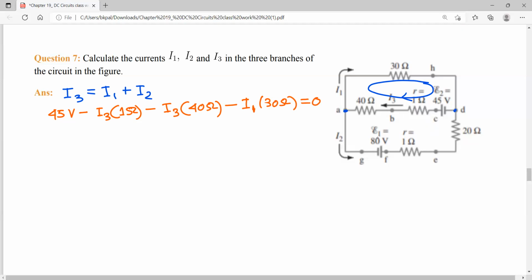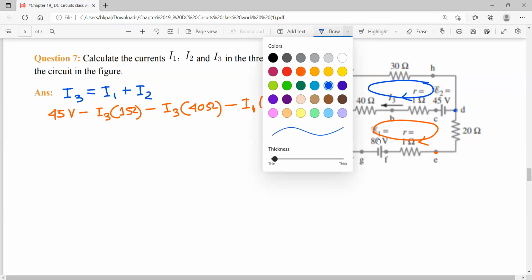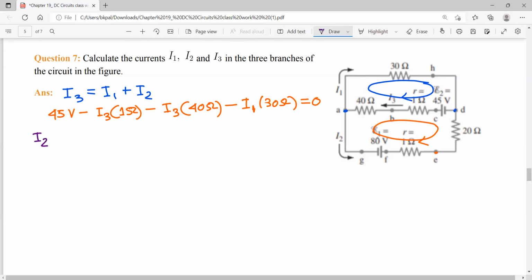All right. Now for the lower loop, the lower loop is this. I start from this position E and I go in this direction. So first one is I2 1 ohm.